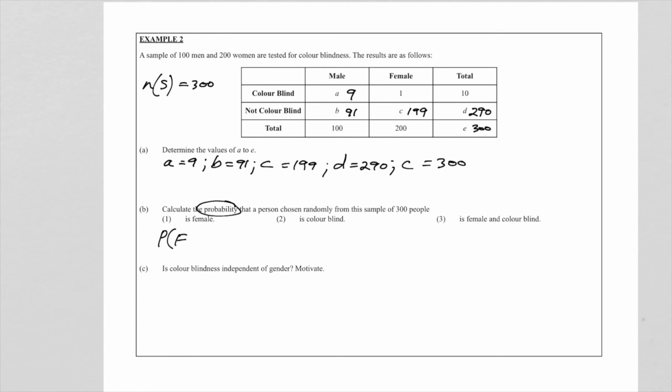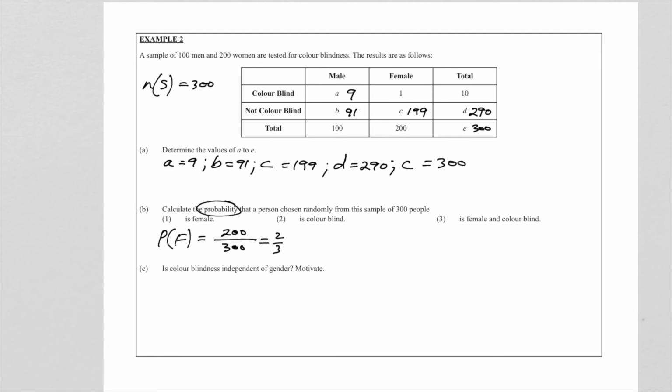It's the probability of female. Our sample space is 300, and the total number of females is 200. So we get 200 over 300, and that, of course, is 2 over 3. That is the probability that if someone is chosen randomly, that person is female.